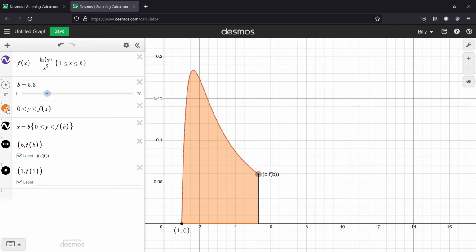And then once we have the value of this actual integral from 1 to b, we then need to take the limit of this as b goes to positive infinity. So if this limit exists, then we say that the improper integral converges. And if it does not exist, we say that it diverges. So this is what we need to go through and do.